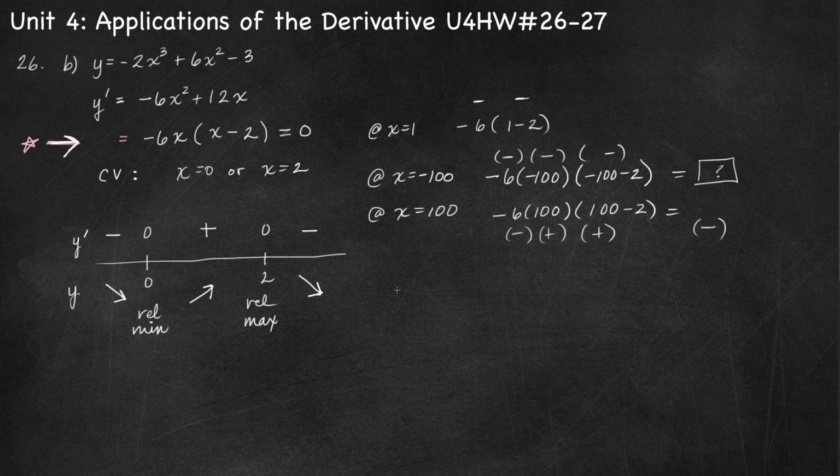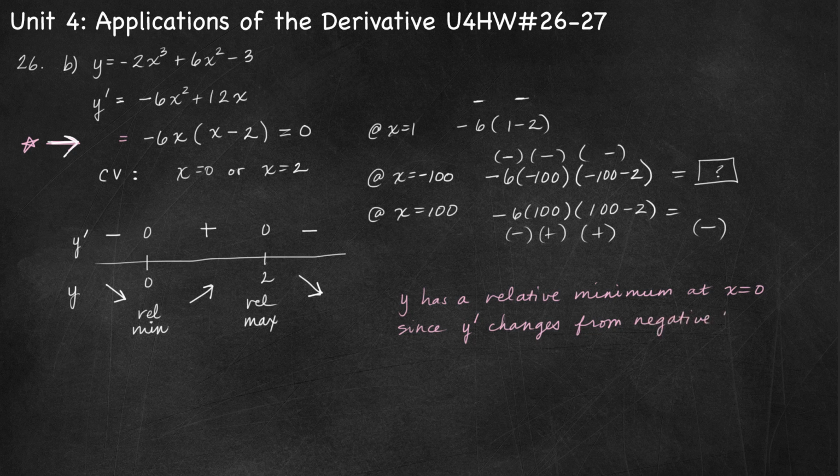So my conclusion, we're going to say y has a relative minimum at x equals 0 since, I almost wrote f prime, I'm so used to f of x and f prime of x, since y prime changes from negative to positive at that point.